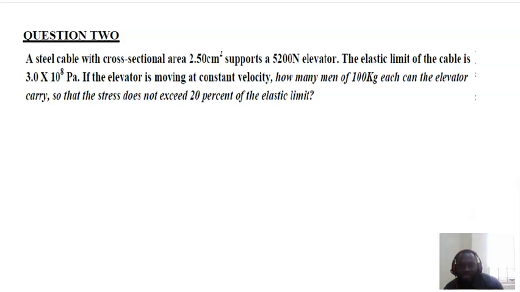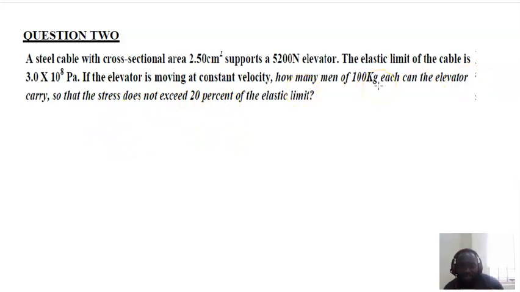The elastic limit of the cable, which is the wire, is 3.0 times 10 to the power 8 Pascal. If the elevator is moving at constant velocity, how many men of 100 kg each can the elevator carry so that the stress does not exceed 20% of the elastic limit?